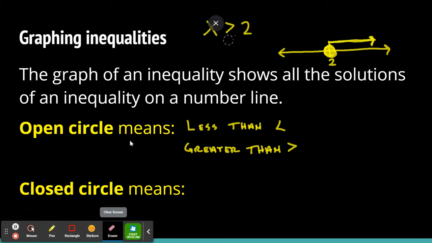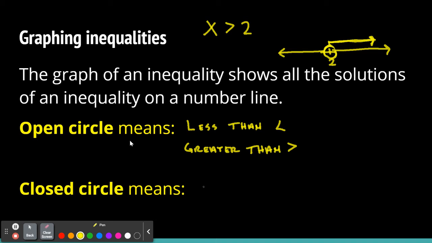So for example here, again, if we had just x is greater than 2, we're going to have an open circle here. Because 2 is not greater than 2. It is not part of our solution set. We're not going to shade that in.